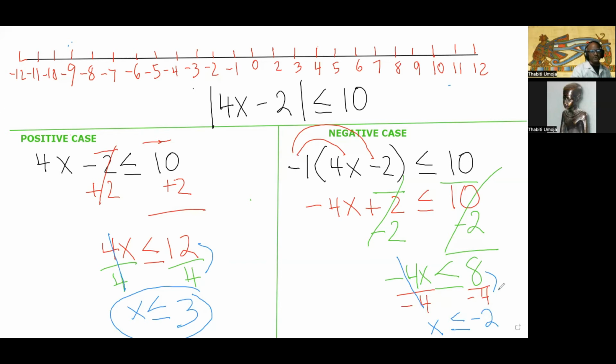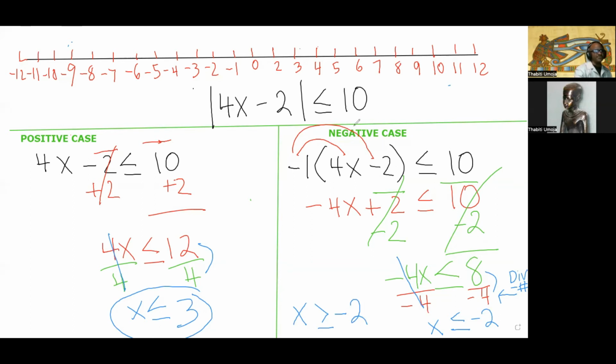However, we're dividing with a negative number, right? When you're dividing by a negative number, we have to put this sign in the opposite direction. So this is going to be x is greater or equal to negative 2.